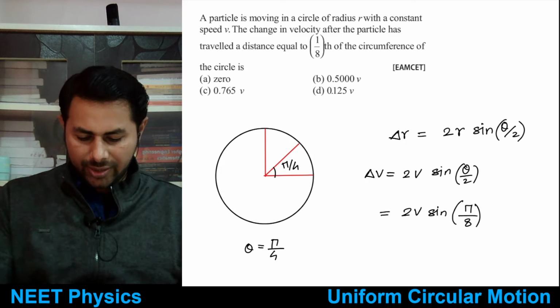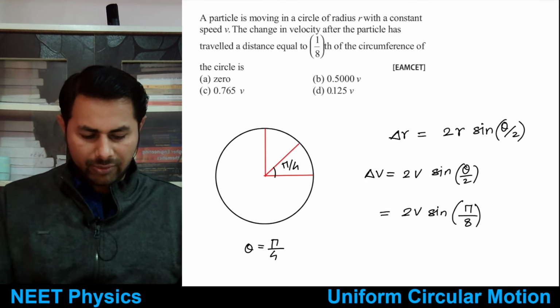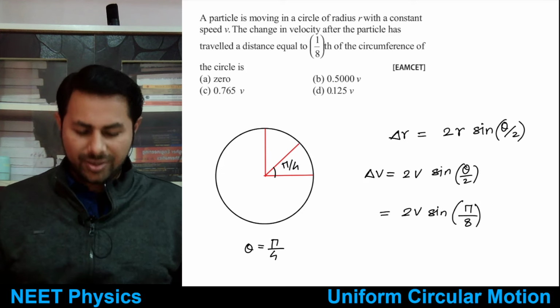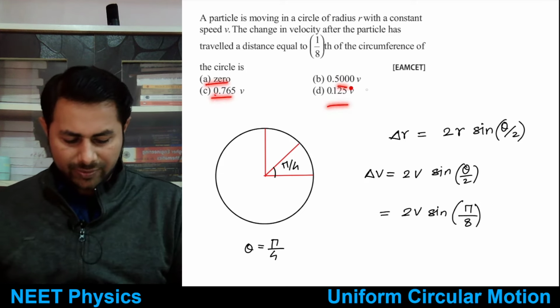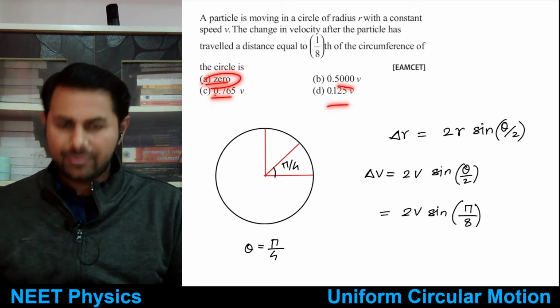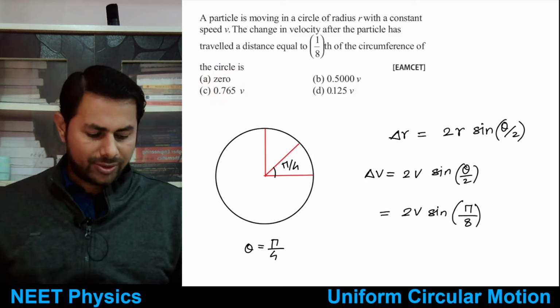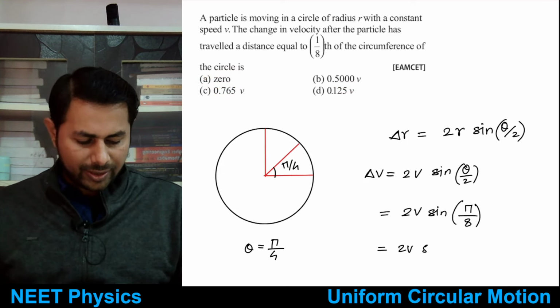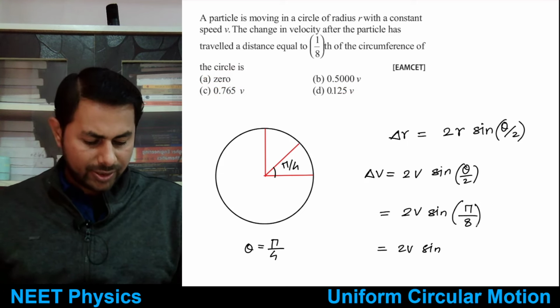So see here, I will tell you 2 ways. First is the intuitive way. So just look at the options. Can it be 0? Of course not. Sine 0 is 0. Sine of 22.5 degrees is not 0.